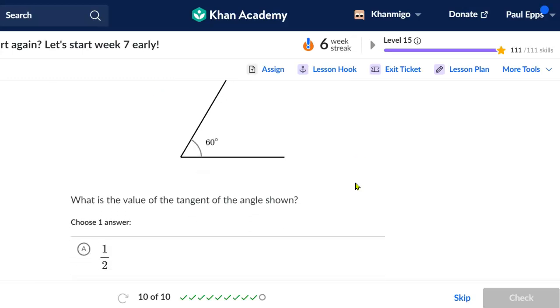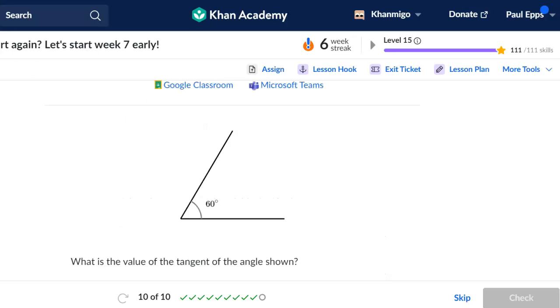Here's a 60-degree angle. What is the value of the tangent of the angle shown? Let's see. To be honest, I can never remember tangents, but I remember that it's sine over cosine.